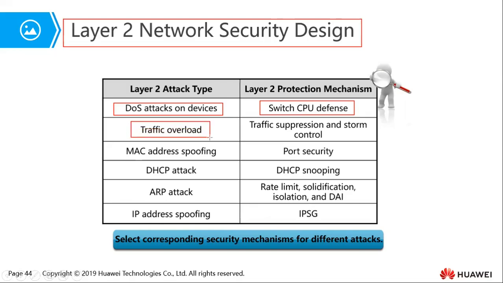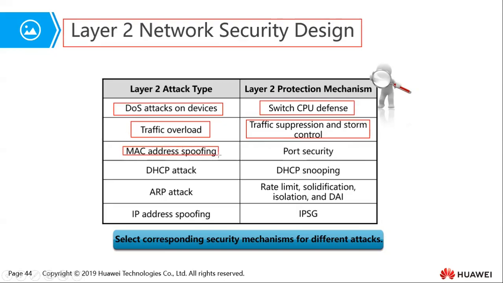We also have traffic overload, which really just wants to occupy the bandwidth so that other legitimate packets cannot be processed on time. For example, the storms and the distributed denial of service.